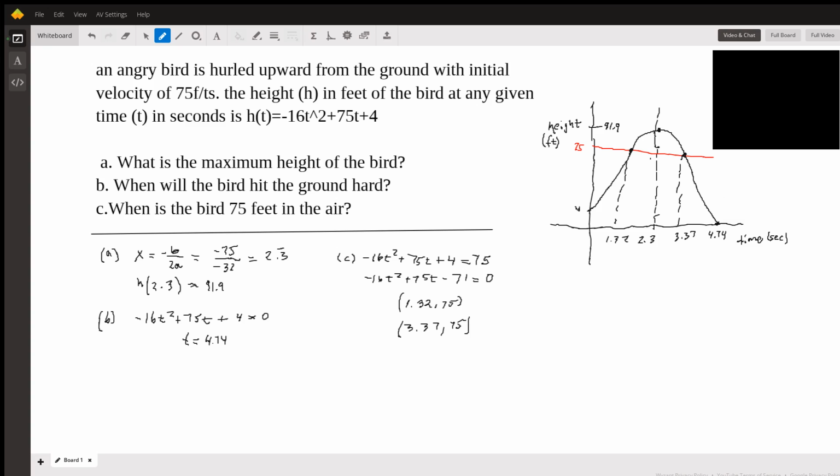I really think the hardest part of this problem is all the calculation, especially if you're required to do it by hand. You have to use quadratic formula for B and C. And even for part A, you have to plug an uncomfortable value 2.3 into that height equation, which is a nuisance as well. But anyway, this is a classic question.